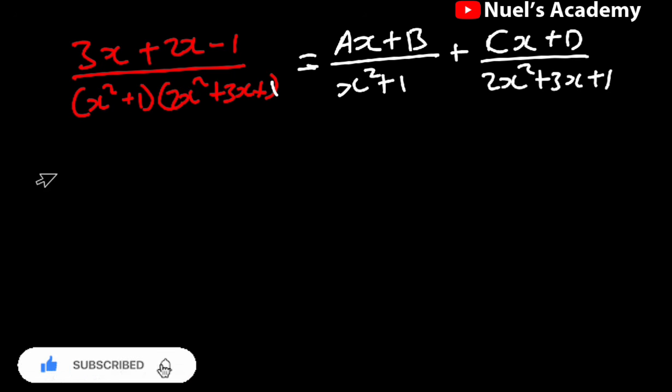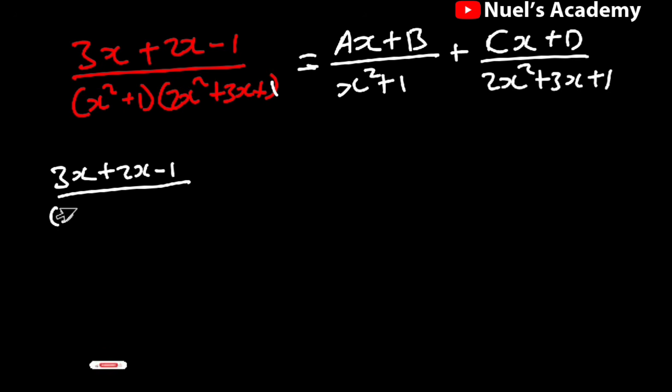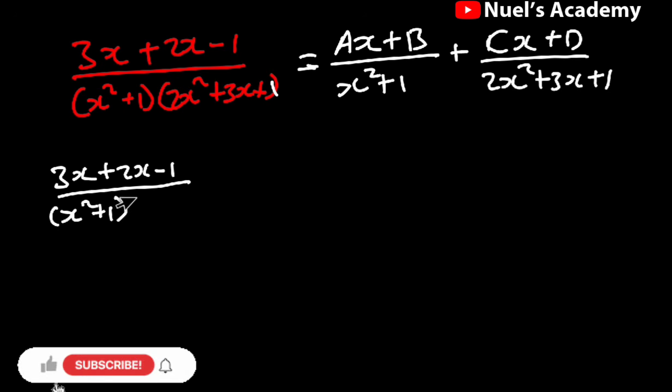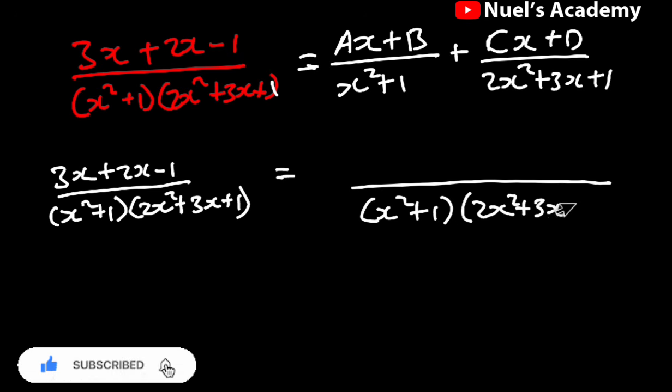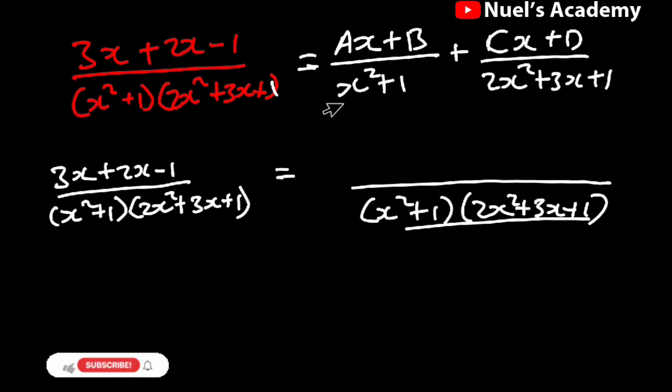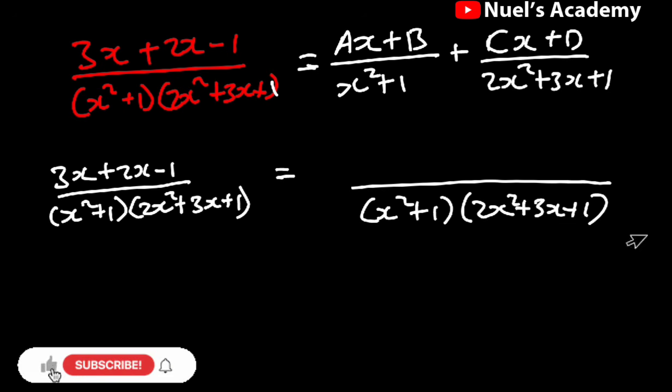So let me write 3x plus 2x minus 1 divided by x squared plus 1 multiplied by 2x squared plus 3x plus 1, then equals to, now the LCM is x squared plus 1, 2x squared plus 3x plus 1. Now all of these divided by this, we're going to be left with this part.